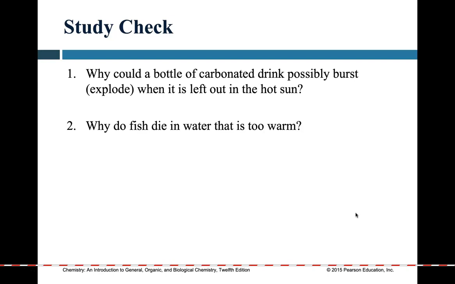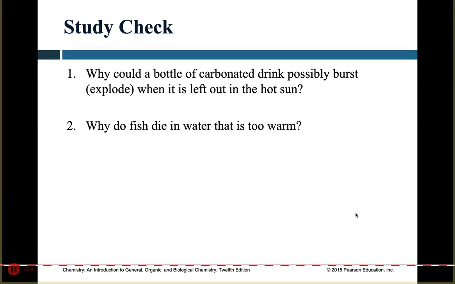So let's rationalize, why could a bottle of a carbonated drink possibly burst or explode when left out in the sun? Well, if we think about pressure's relationship with temperature, we've seen this curve.